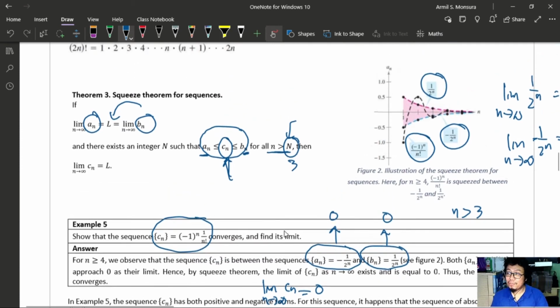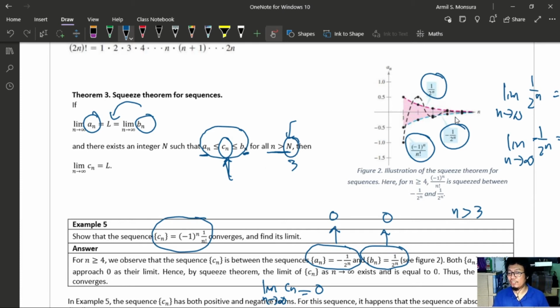Again, theorem 3 does not require your Cn to be sandwiched between A and B for all n. It only requires that it is sandwiched for most n's. If it gets sandwiched between A and B for a certain positive number N, and you know that An and Bn both approach the same limit, then Cn tends to approach that same limit.